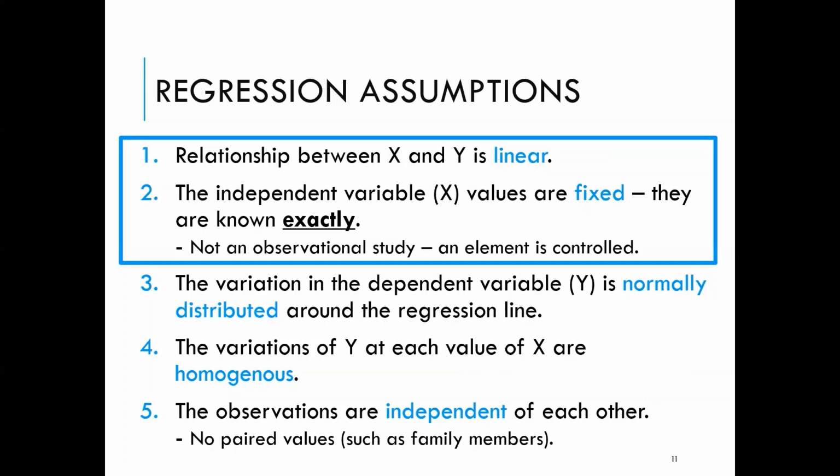So first, we must always check that the relationship between x and y is linear. And for regression in particular, we need to know that the independent variable values are fixed. This is not an observational value. The other 3 can be checked in R. We're not going to do that in this class though, because it's a little bit too advanced for this course.